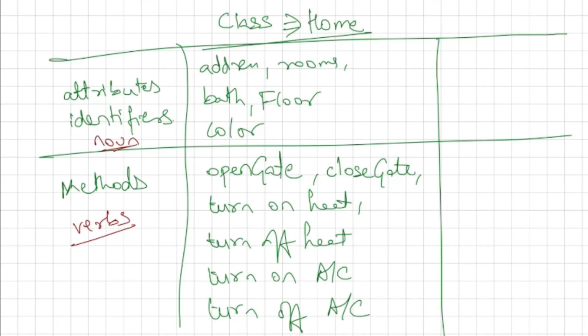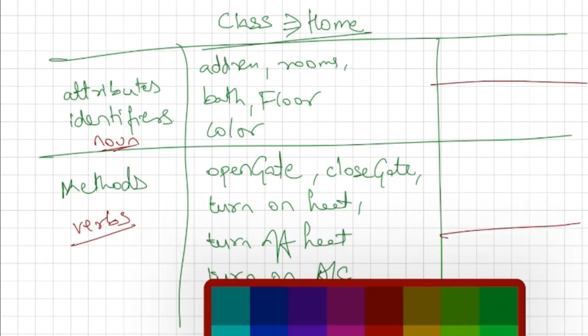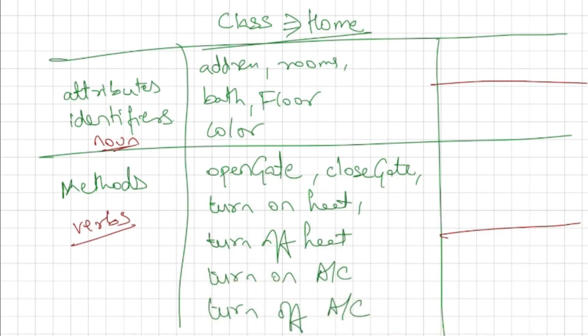Okay, and there's another additional thing I want to mention about each of them: these are declared in class. Any object you create should have an address, rooms, number of baths, floors, and color, and these are defined in class.